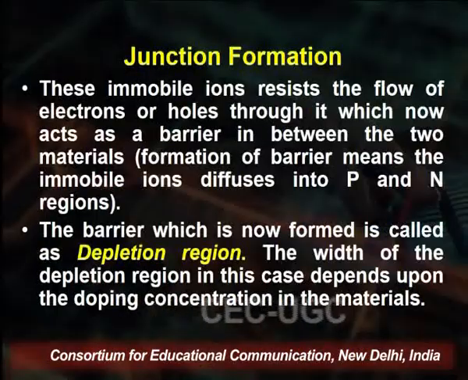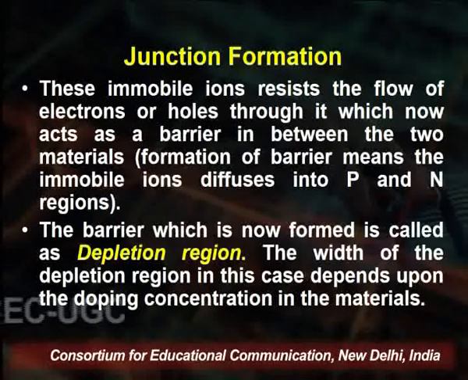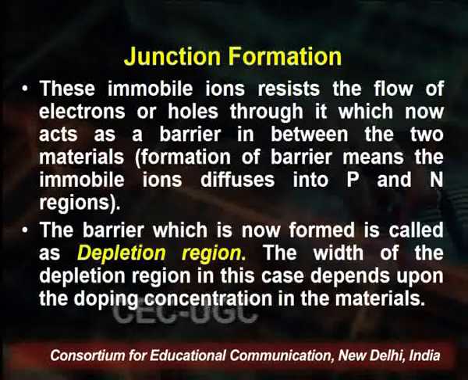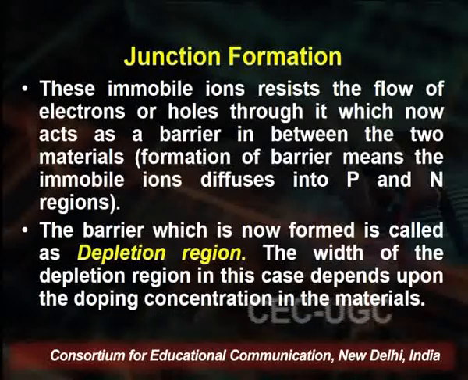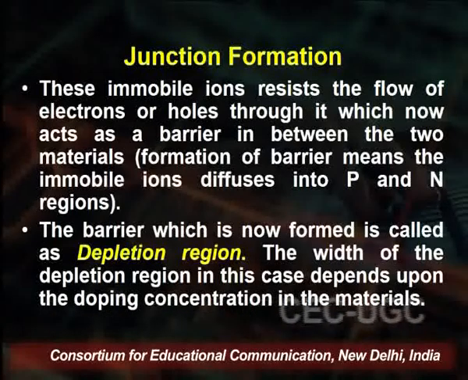These immobile ions resist the flow of electrons or holes through it, which now acts as a barrier between the two materials. The barrier which is now formed is called the depletion layer.